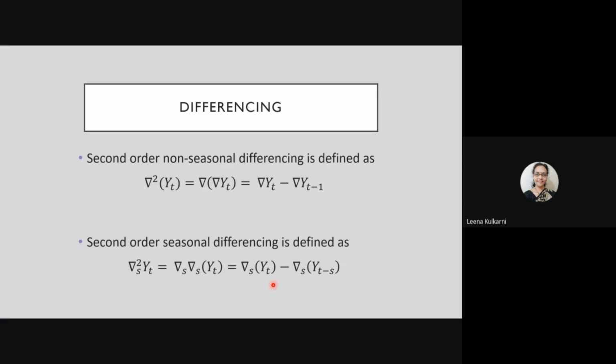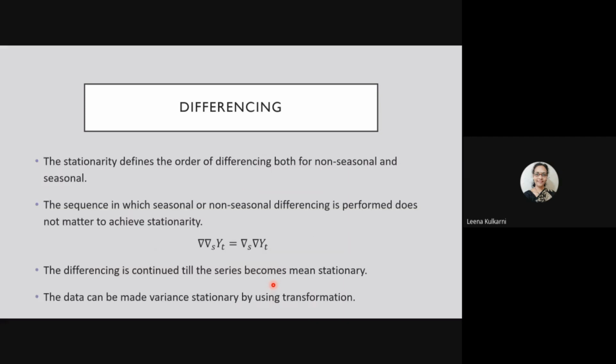Now we need to continue this differencing until the time series becomes stationary. You can use seasonal as well as non-seasonal differencing on the same data set, because if the data has trend and has seasonality, you may have to go for both these differencing on the same data set.